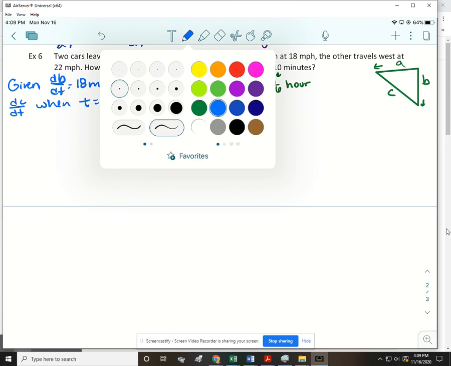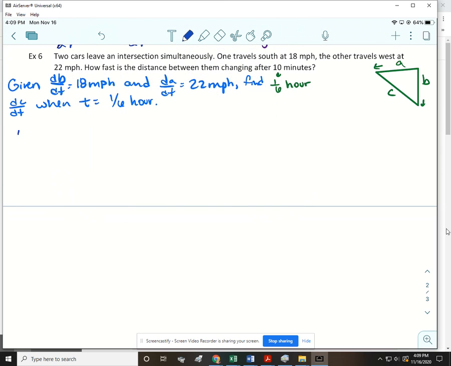Okay, so the relationship between these sides is the Pythagorean theorem. All of the things are changing, so we can go ahead and find the derivative.